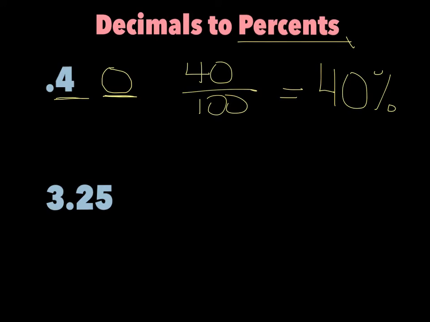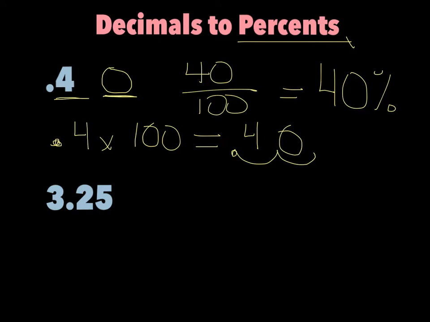Another way to think of it is you take the decimal and you multiply it by 100, and when we multiply by 100, we move the decimal 2 places. And now it is at the end, which represents the 40%.